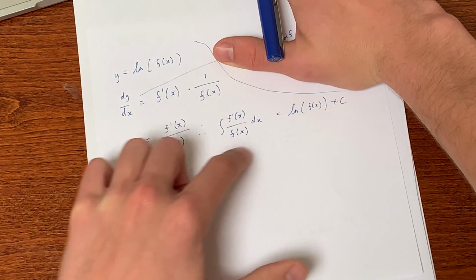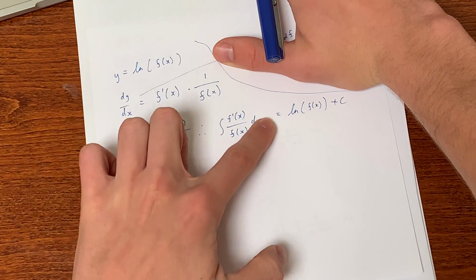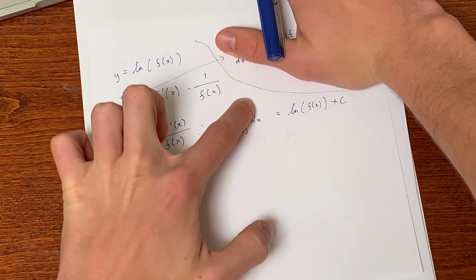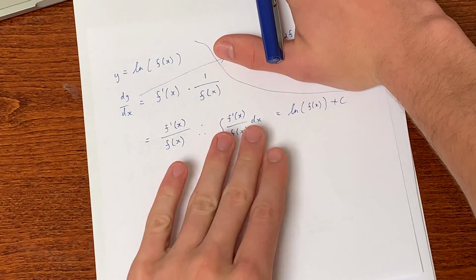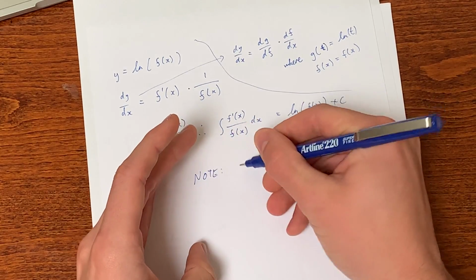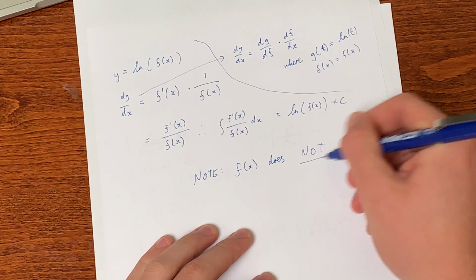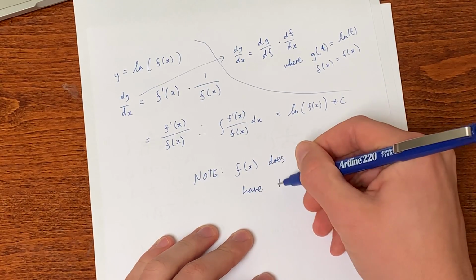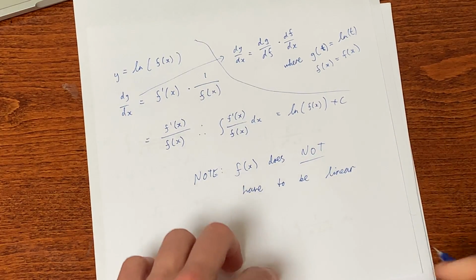And so this ends up being really, really powerful, and you've got to learn how to spot this, because they expect you to be able to do this slightly more difficult example than the other functions. The reason this is more difficult is because, note, f of x does not have to be linear.